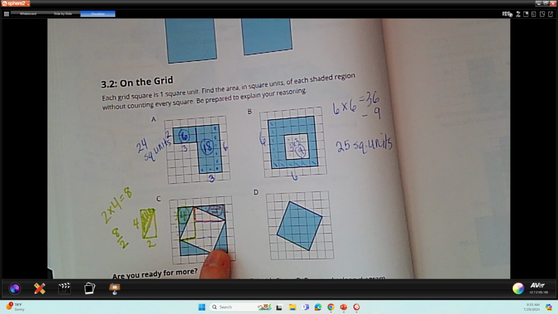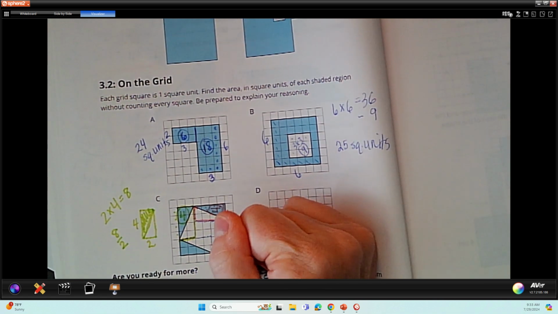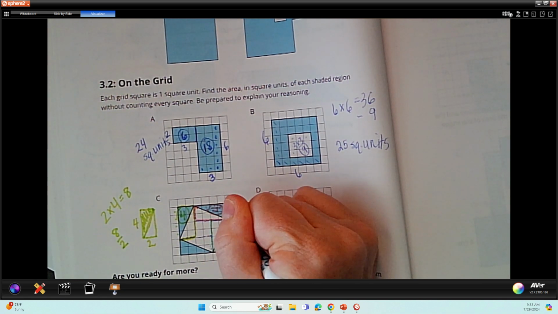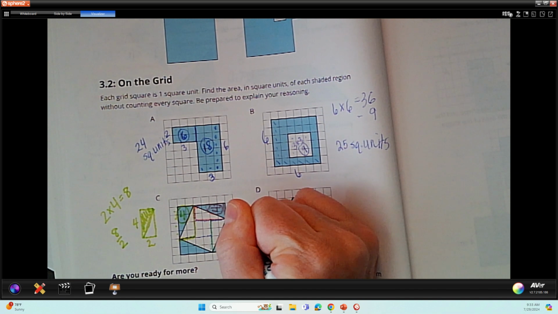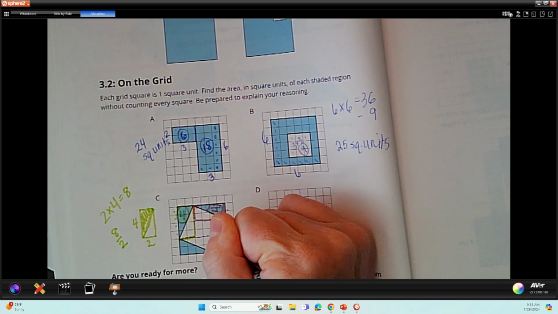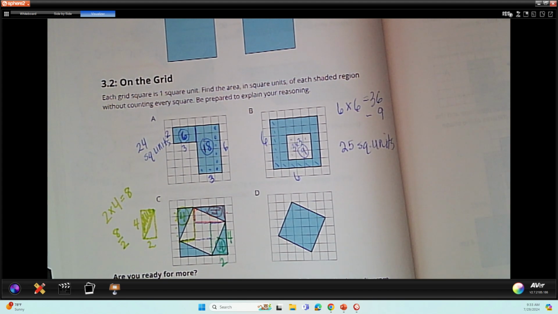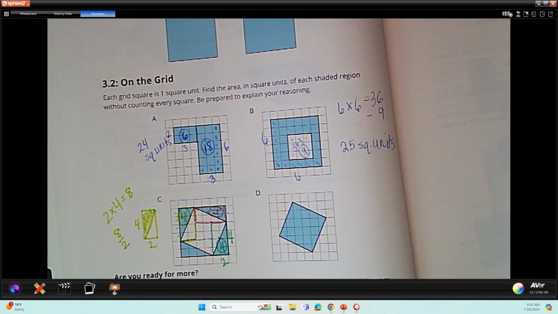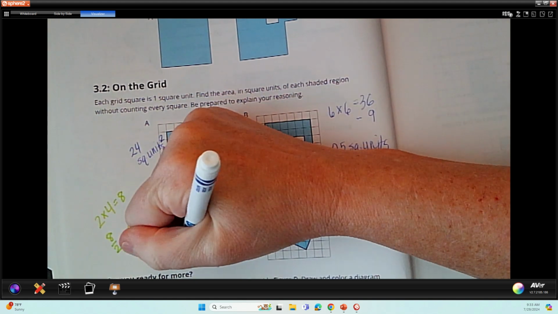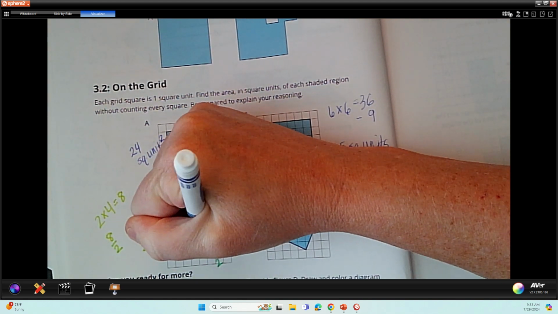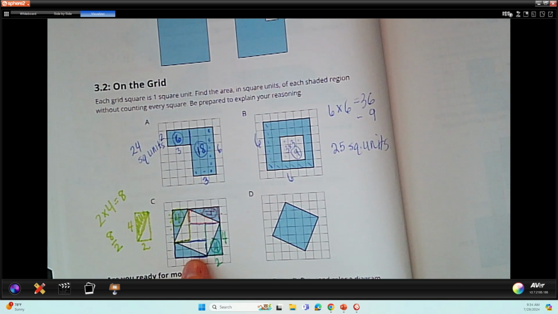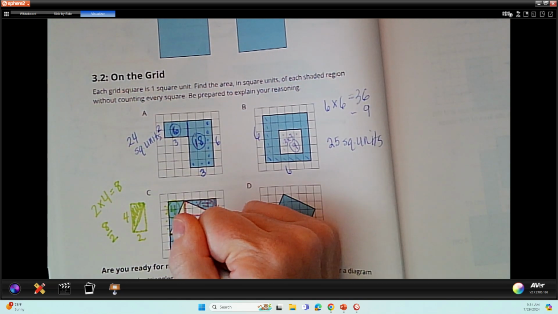Here's another one. 2 by 4. So we know this one's 4 because it's a rectangle cut in half. And then the very last one. These are all congruent. 4 congruent little rectangles in here, but we're looking at just half.